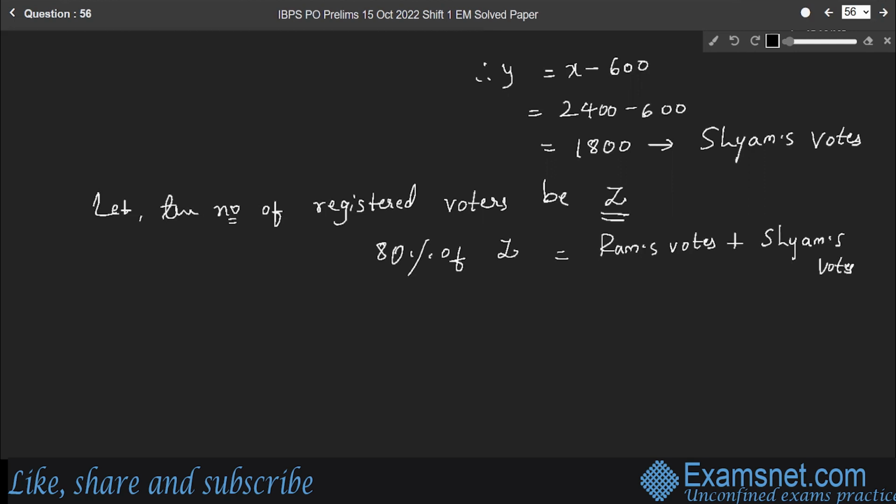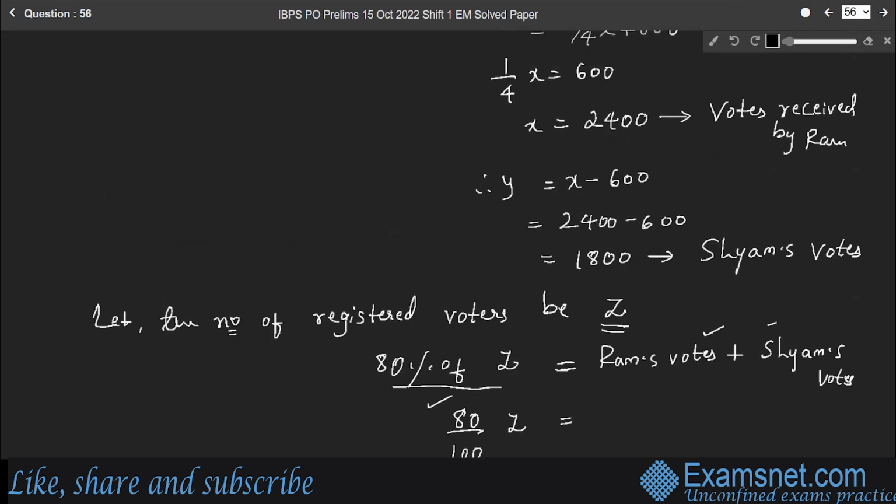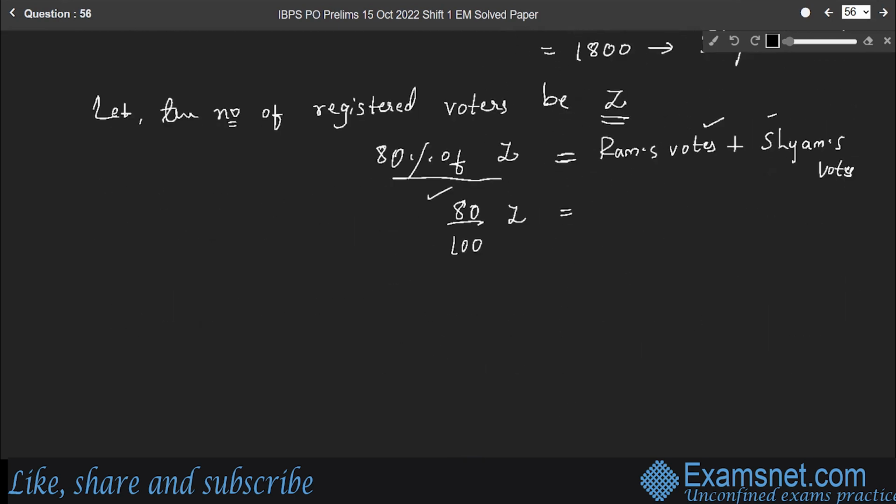So only 80% of the registered voters cast their votes, which is equal to these many votes distributed among Ram and Sham. Therefore, 80 by 100 into Z is equal to, Ram received 2400 votes plus Sham received 1800 votes.